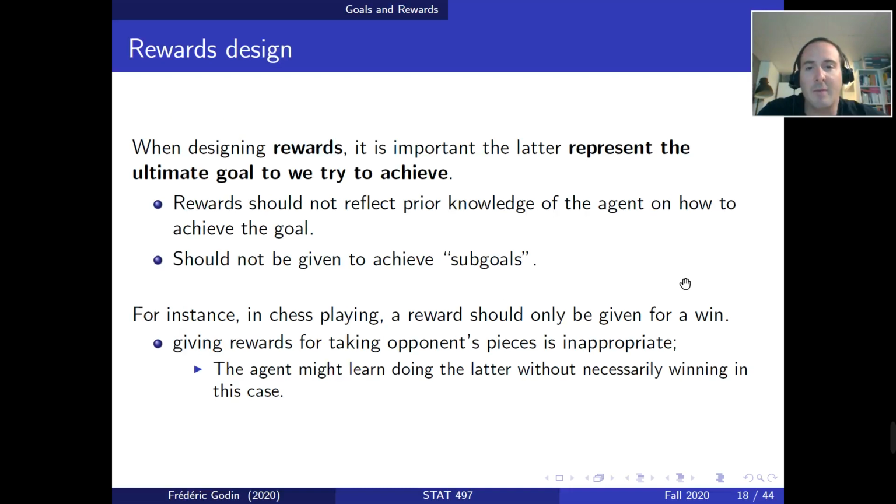So if you have to design rewards, one thing that is very important is that rewards represent the ultimate goal we try to achieve, or the agent should try to achieve. Okay, so the rewards should not try to reflect prior knowledge of the agent on how to achieve that goal.